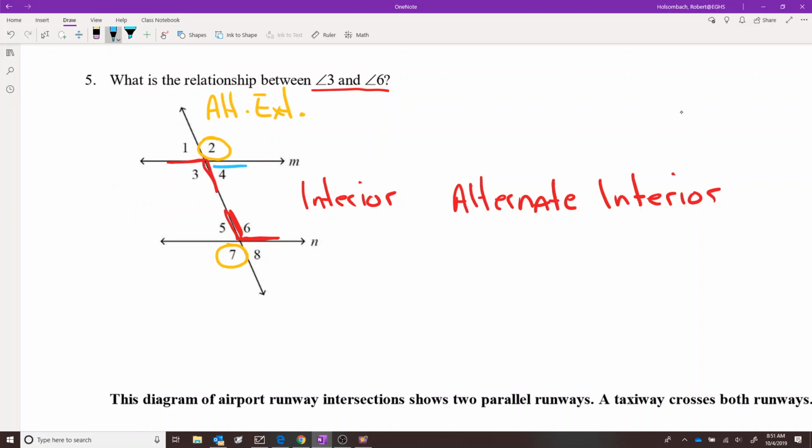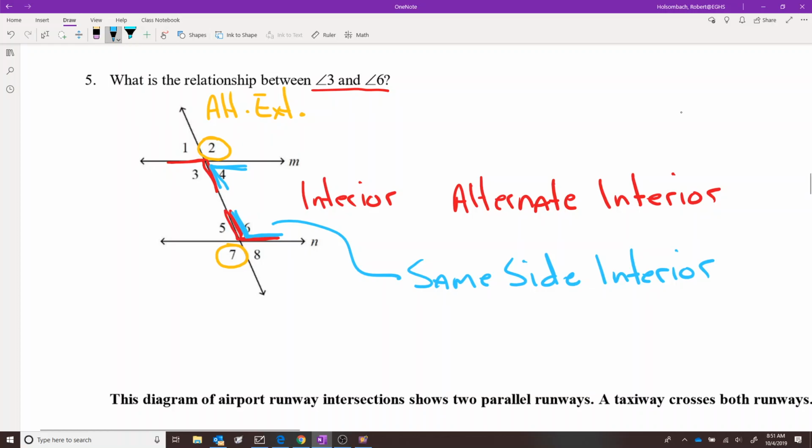What about 4 and 6? Their relationship. All right, those would be same side interior. Okay, so you got corresponding, alternate interior, alternate exterior, and same side interior. So those are some examples of each.